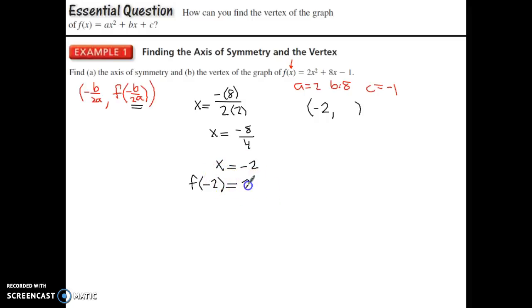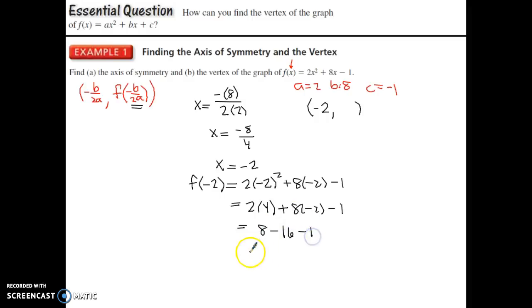f of negative 2 is 2 times negative 2 squared plus 8 times negative 2 minus 1. Remember to do your exponents first, please, so this becomes a positive 4. So I've got 2 times positive 4 plus 8 times negative 2 minus 1. 2 times 4 is 8. 8 times negative 2 is negative 16, or minus 16, minus 1.